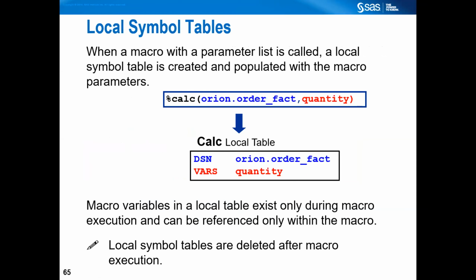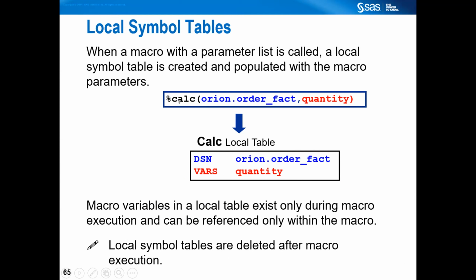So what will happen when a macro is called with parameter list values? It will not search these macro variables in the global symbol table, but it will create a temporary local symbol table only for this macro called calc, and it will only evaluate these macro variables from this local symbol table.